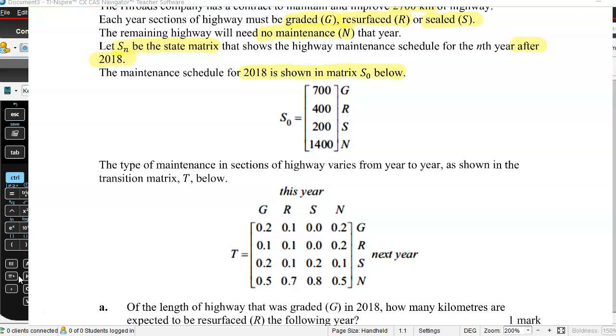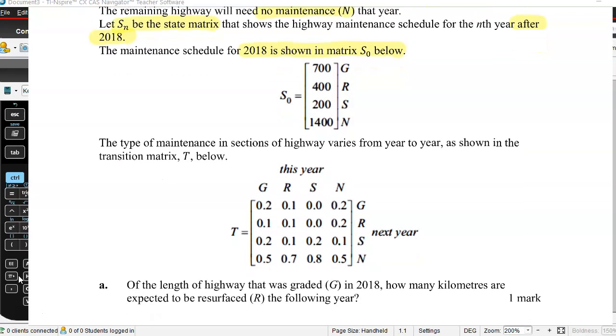The type of maintenance in sections of highway varies, changes, from year to year as shown in the transition matrix T below. So you can see, okay, this is our transition matrix. This is what we did this year, and that's what we're going to do next year based on that. And you can see, if you're looking in the columns, they add up to 1.